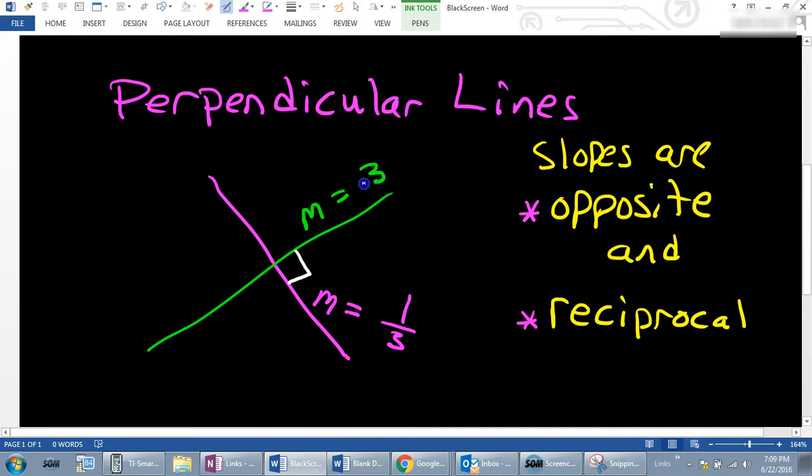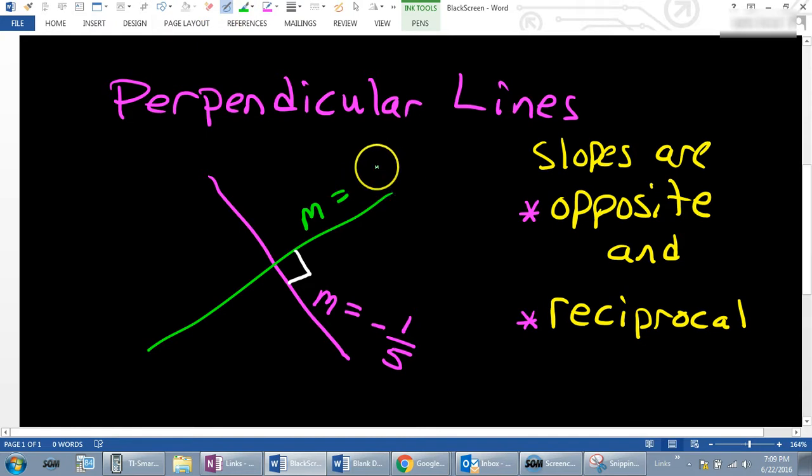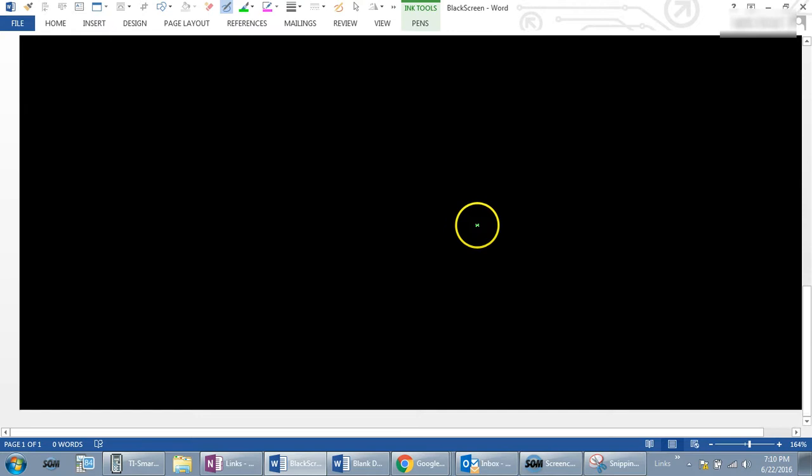So if the first one is positive, this one has to be negative 1/3. Okay? Let's do one more example. Say this pink line had a slope of negative 1/5. What do you think the slope of the green line would be? Positive 5. That's exactly right. Okay? So that's something that you needed to understand. Make sure that's in your notes or something.